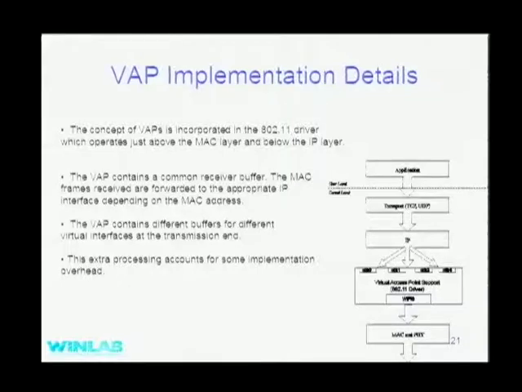And on the receiver side we have only one buffer which receives the MAC frames and scans for the MAC address, and all the 4 virtual interfaces are given unique MAC addresses. So once it receives a MAC frame, it looks at the MAC address and then puts it on the right IP interface. So what we thought was this extra overhead might add to some performance degradation for the VAP.